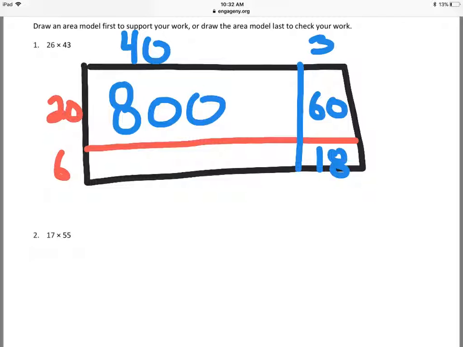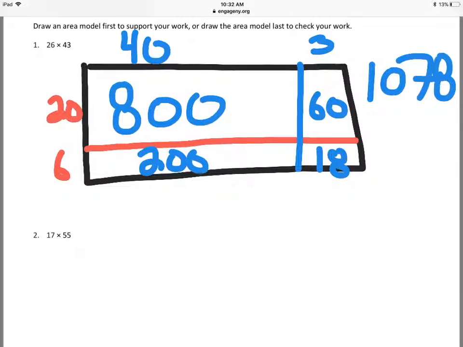And then 40 times 6 is 150, maybe, which is 200. And then on the right, we would add all these up, and we would get the total value, which the answer is 1,078.